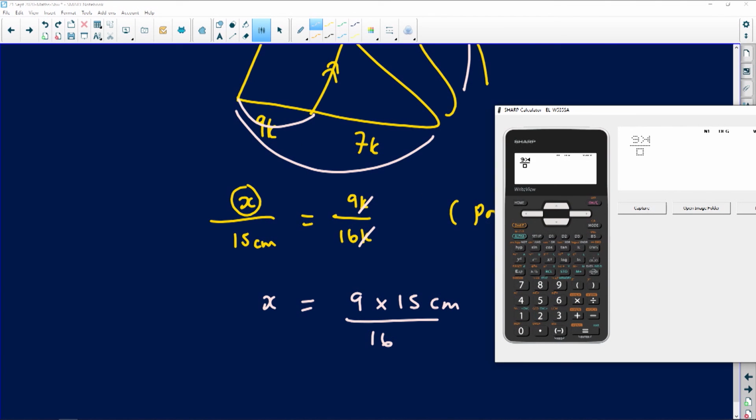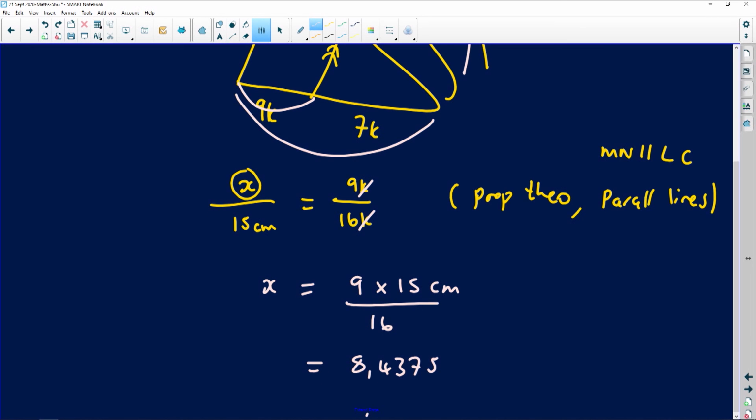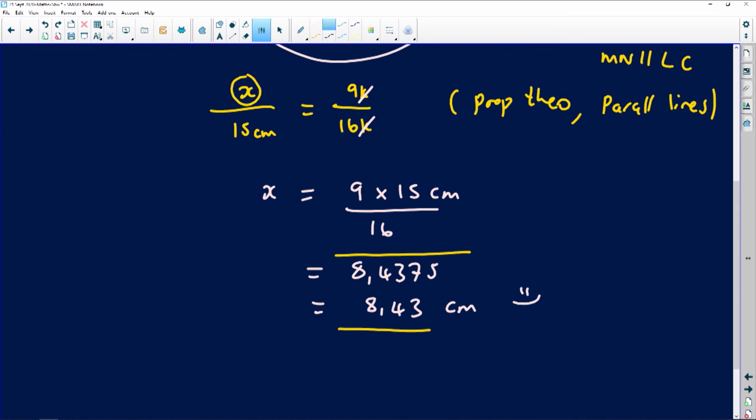It's not a monument. 9 times 15 divided by 16, and we end up with 8 and 7 over 16, which is 8.4375. To 2 decimal places, if you have to round off the answer, it is 8.43.